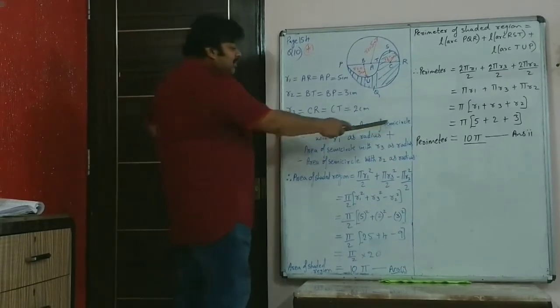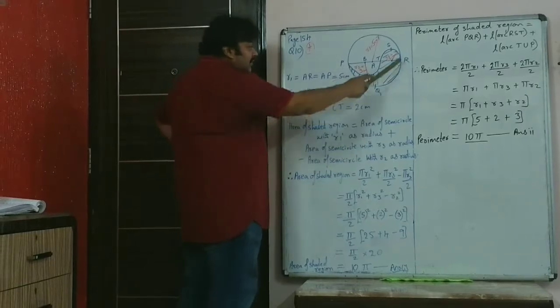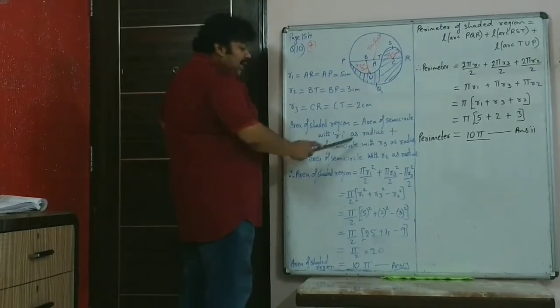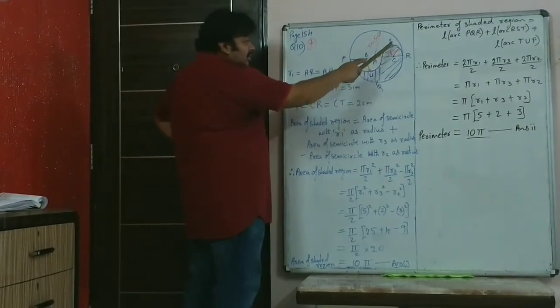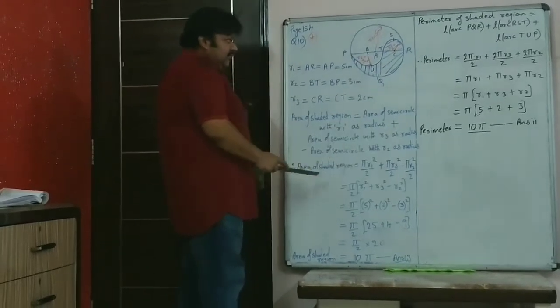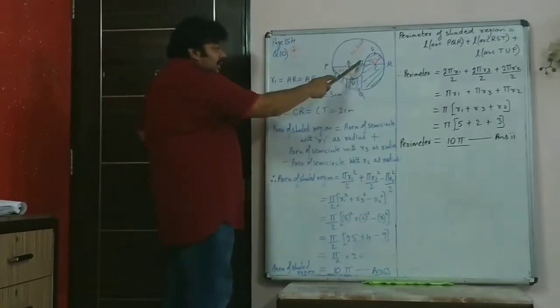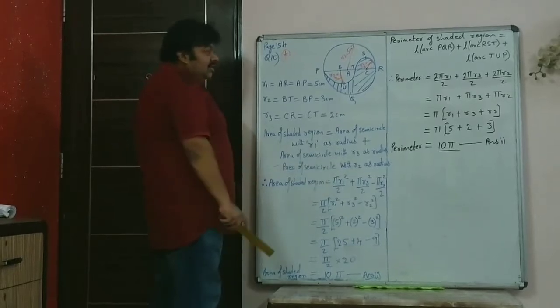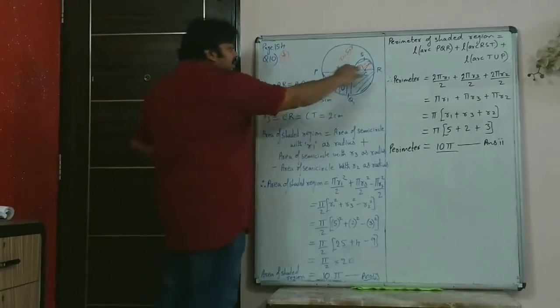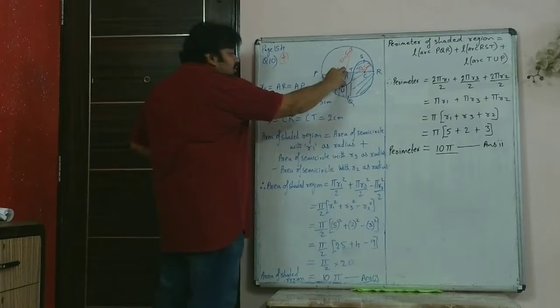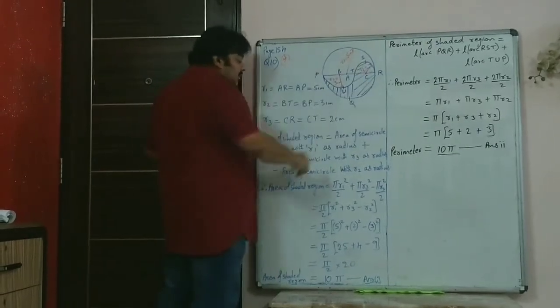So area of semicircle with R1 as radius, to that you add the area of semicircle with R3 as radius and you minus the area of semicircle with R2 as radius. So this entire part is there, from that you remove this and you add this.